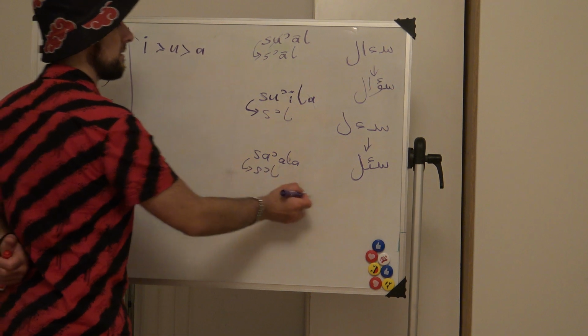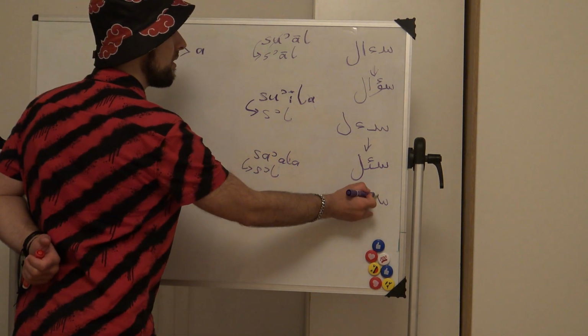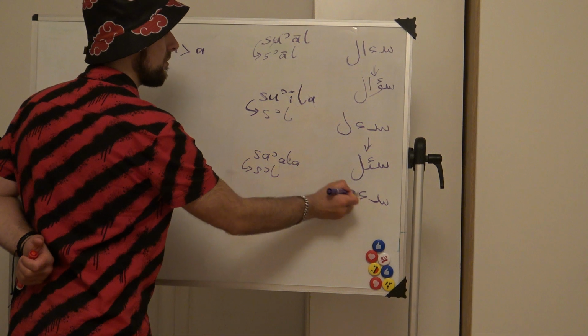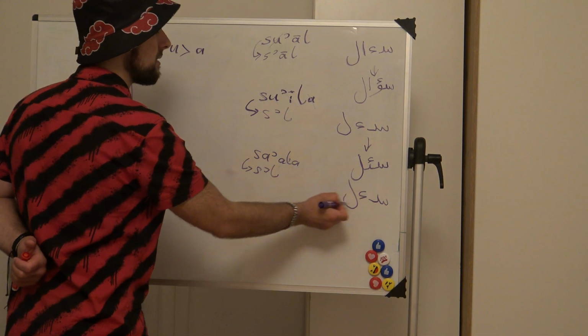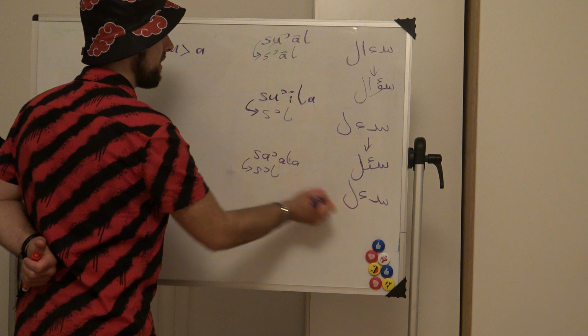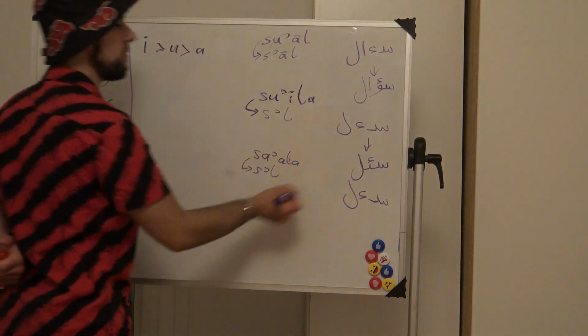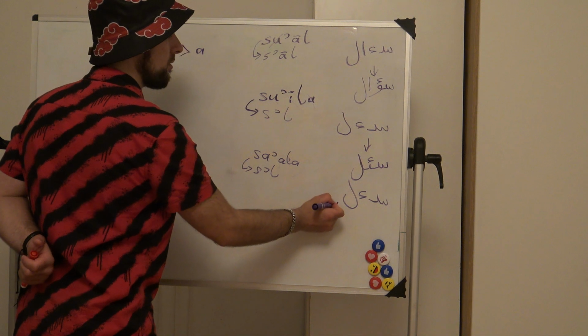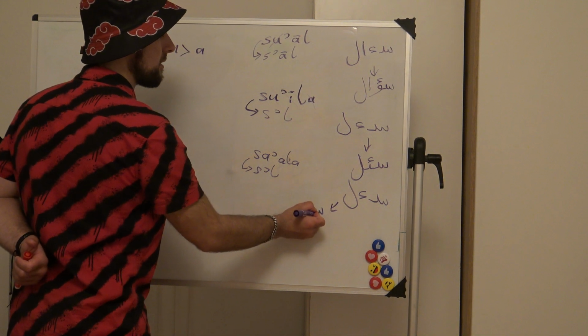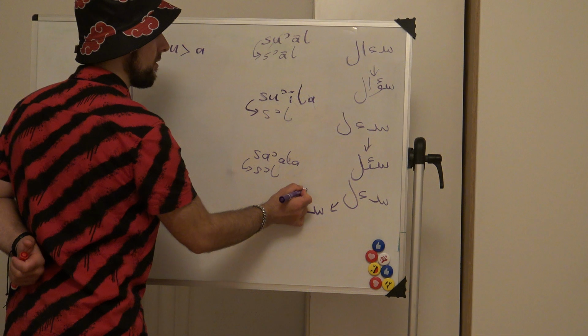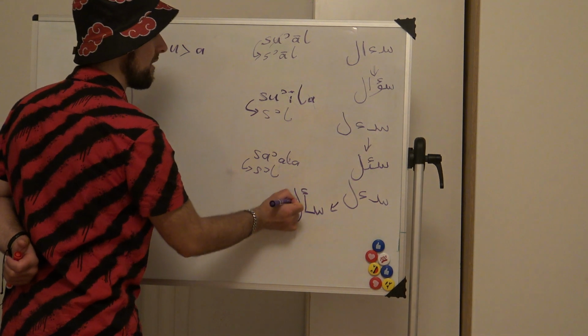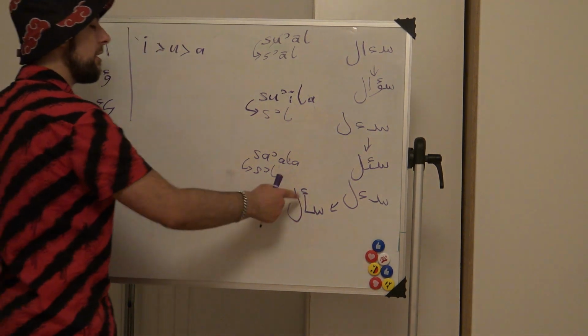Looks like this, and again the same game. Now we will write it like this, and of course if you look here, the Hamza is surrounded just by the vowel A, so it will look like this sitting on the Aleph. So that's how you actually write Sa'ala.